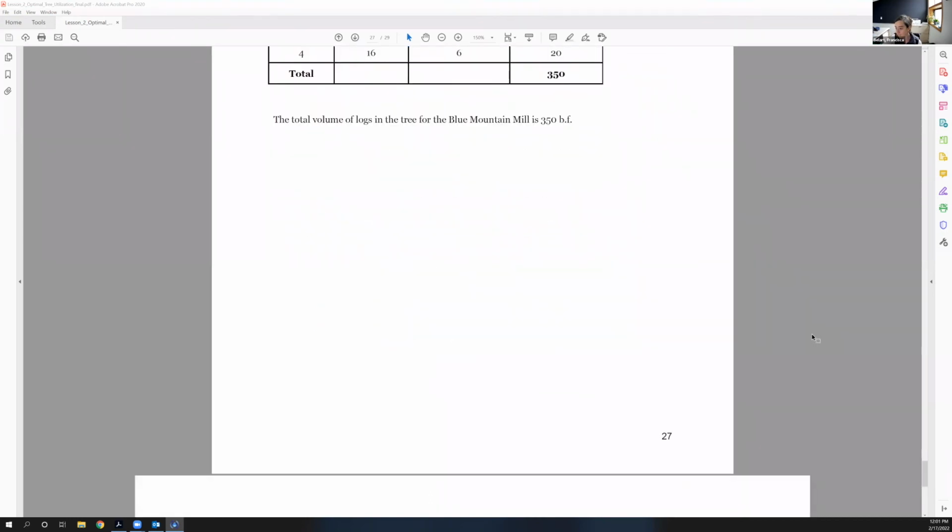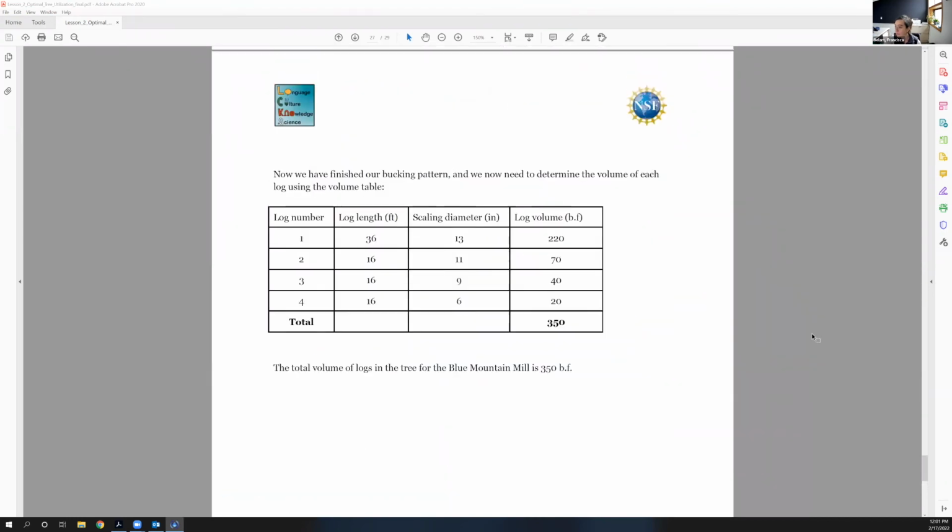Now, this lesson has a table in which you can find the log volume in board feet, depending on the log length and the scaling diameter. And I will go briefly to that table. So let's say the first log is 36 foot and a scaling diameter of 13 inches.